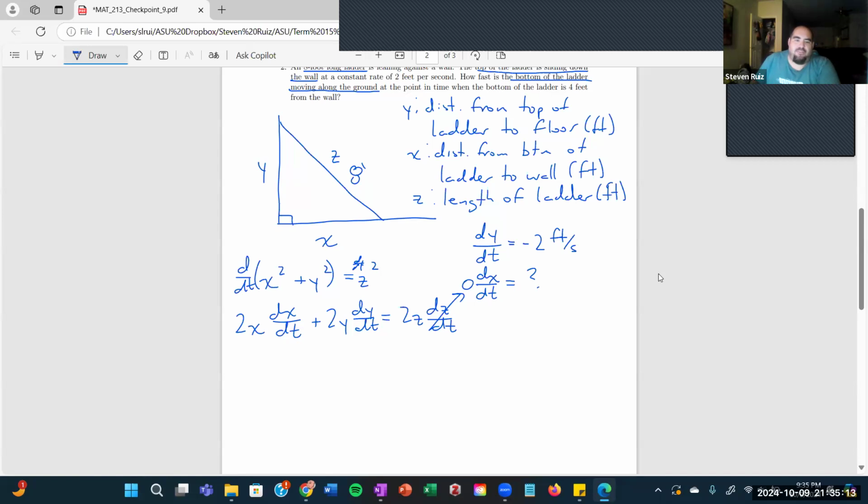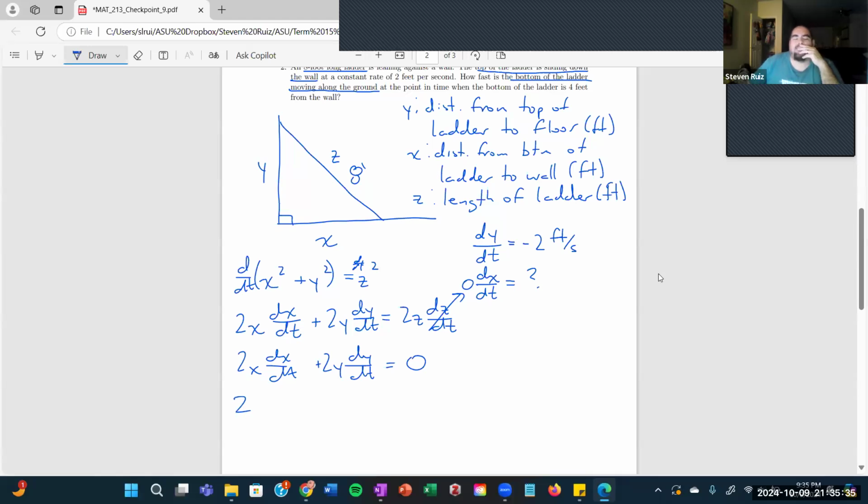So let's rewrite 2x dx/dt plus 2y dy/dt equals 0. I want to find dx/dt. I know dy/dt. I hope I know some of these other things too. So let's start filling in some of these details. 2x.